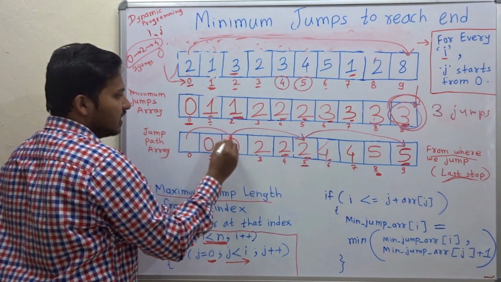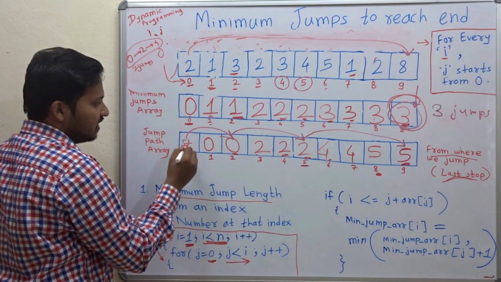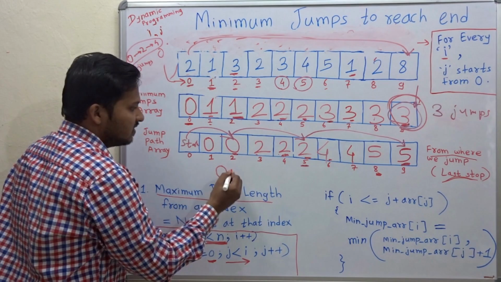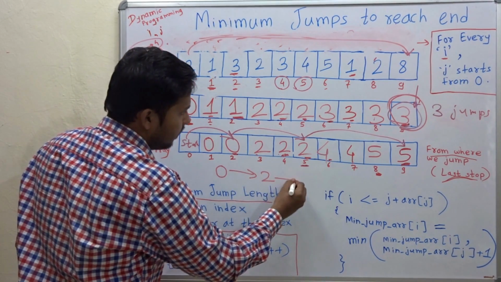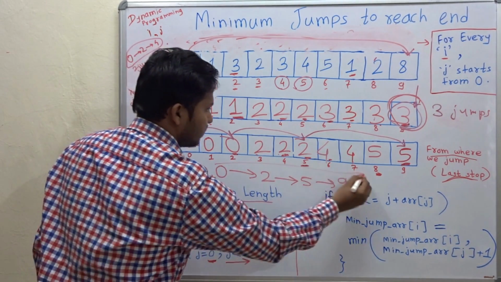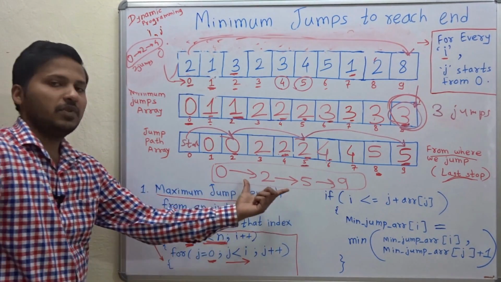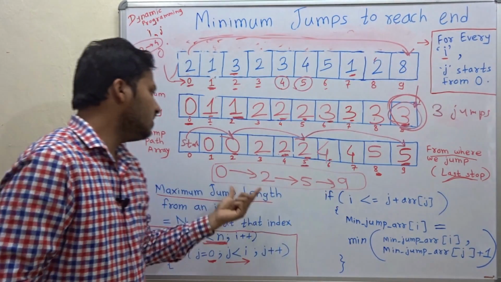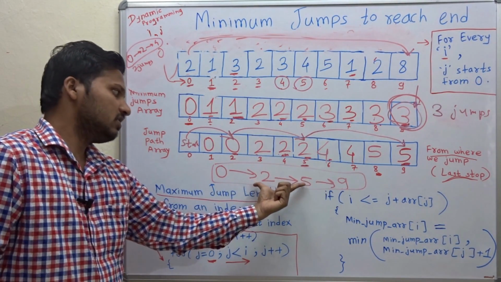From the 0th index. And this is the starting point. So see, the path is 0, 2, 5 and 9. So in this way we find the minimum number of jumps to reach the end, and this is the path.